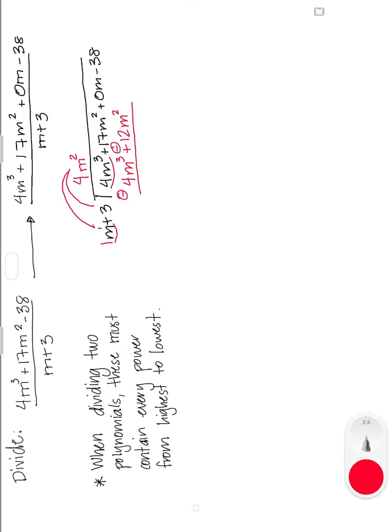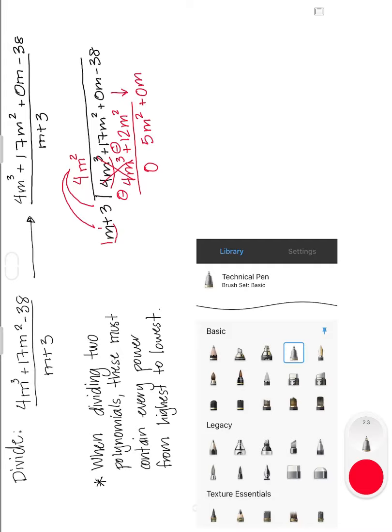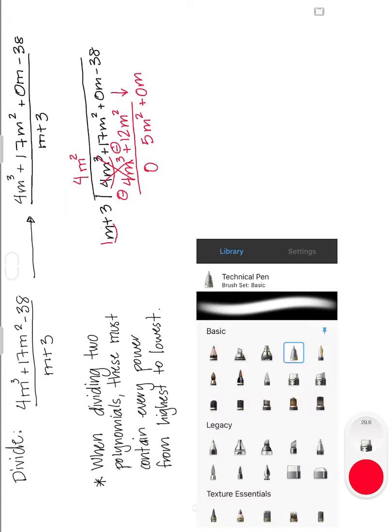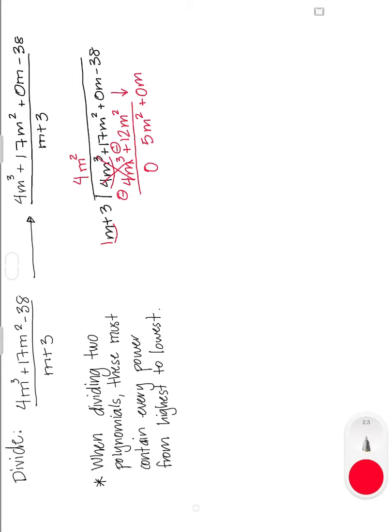And then we go ahead and subtract. So 4m cubed minus 4m cubed cancels out. 17 minus 12 is 5m squared. And then we bring down 0m. Now, let's find what value will give us 5m squared when we multiply it times 1m.